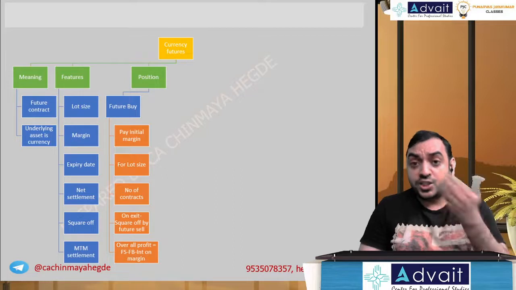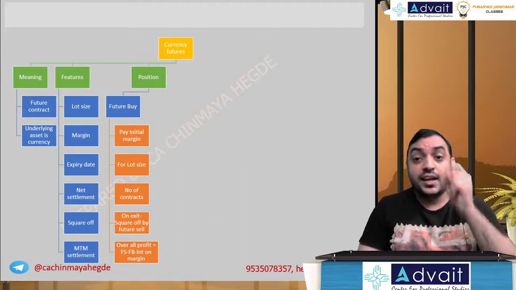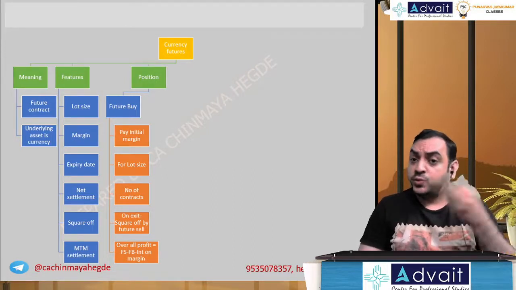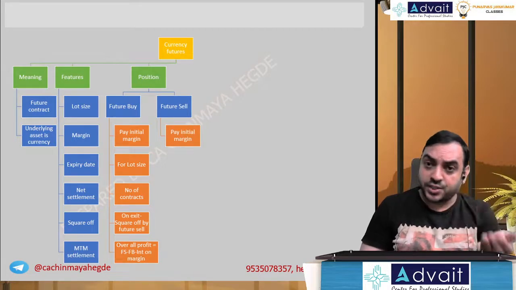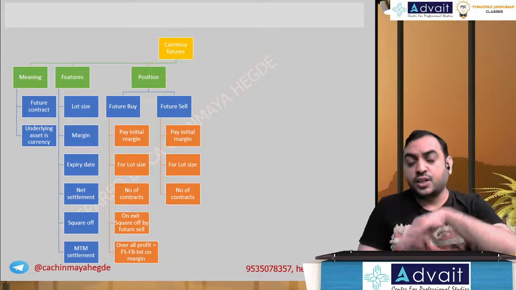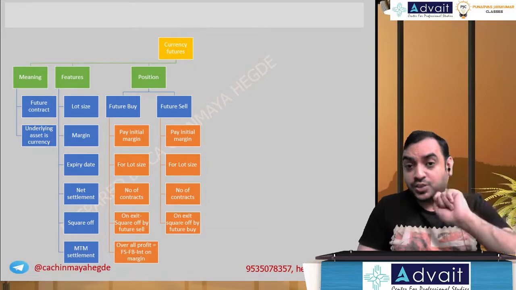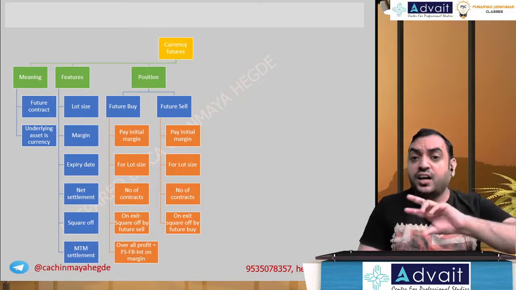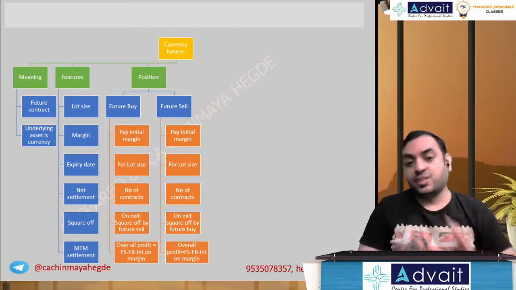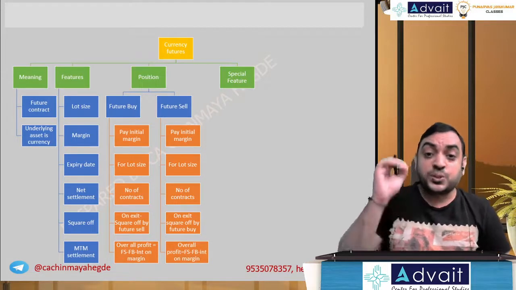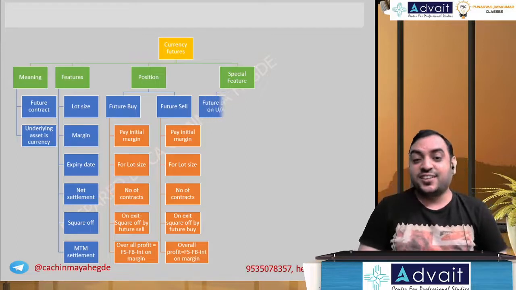And if you have margin money, the interest on it is an opportunity cost that also will be subtracted. If you do future sell, you pay initial margin, lot size, number of contracts. On exit, you do future buy, short position, you remember, and square off. Profit will be future sell minus future buy minus interest on margin money. What is a special feature in currency future?